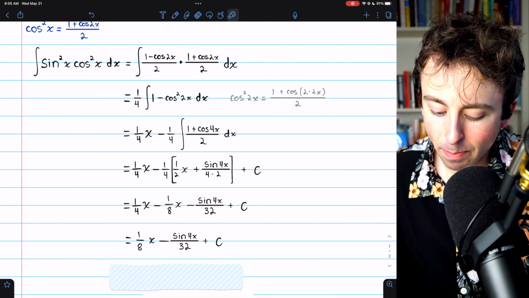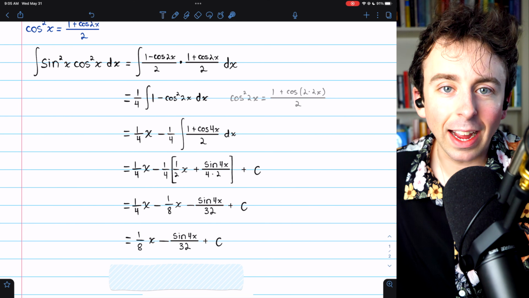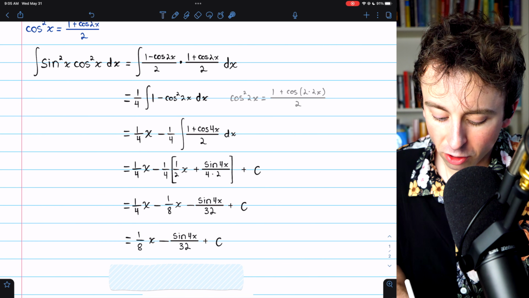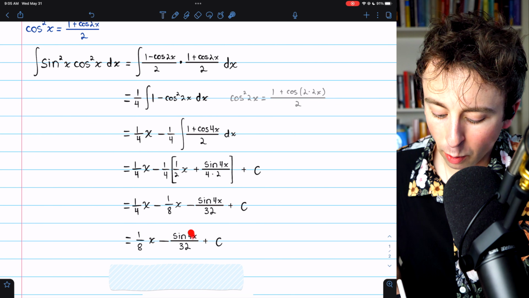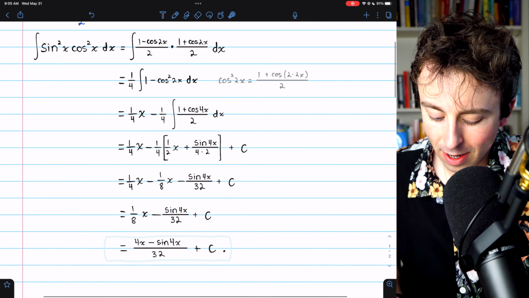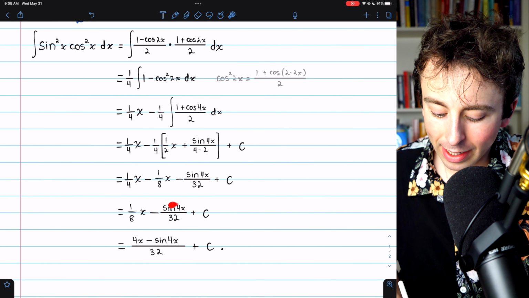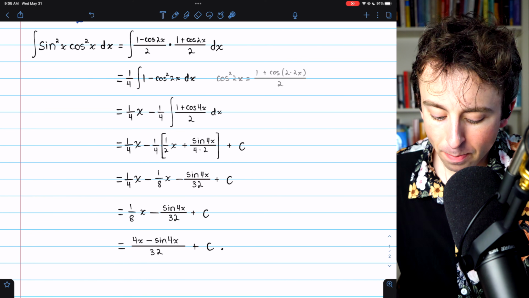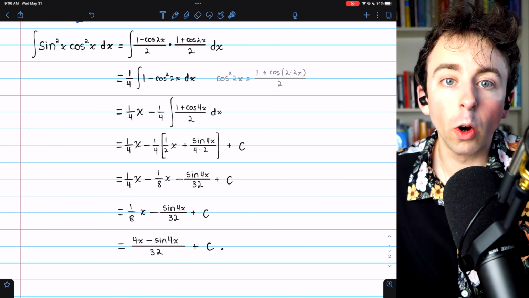Now we can combine the 1/4 x and the minus 1/8 x. 1/4 x is the same as 2/8 x, so this just simplifies to 1/8 x, and then minus sine of 4x over 32 plus c. And if you want, you can combine the 1/8 x and the minus sine of 4x over 32 into a single fraction by multiplying the 1/8 x by 4 over 4.